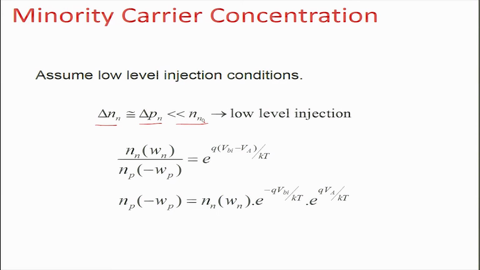So the perturbation in both is similar, but this perturbation in majority carrier concentration is very small: delta Nn is very small as compared to Nn naught, which means Nn naught is virtually constant. However, this delta Pn is nearly comparable to Pn naught. As a result, minority carrier concentration changes.